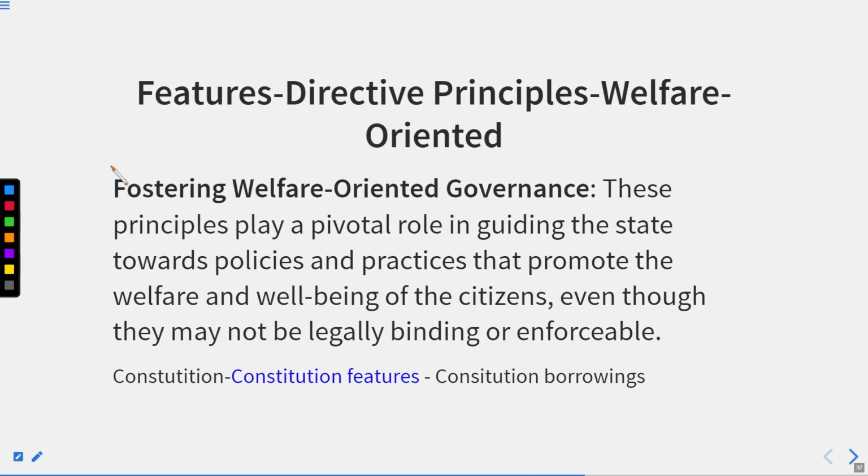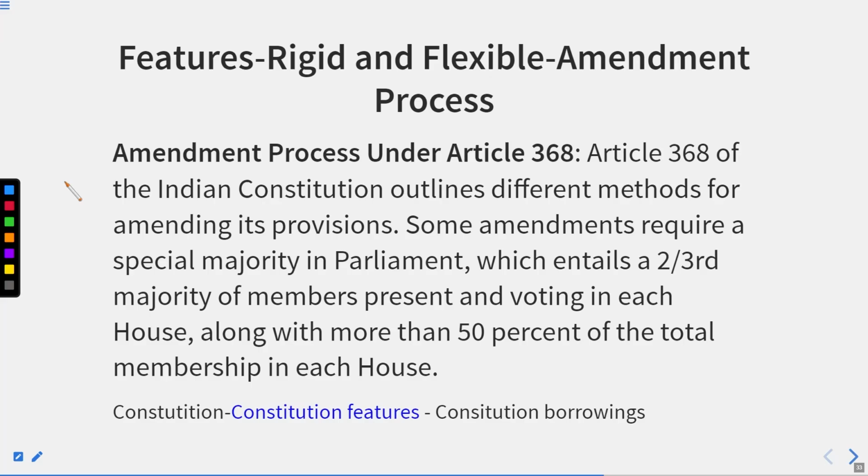Thereafter, fostering welfare-oriented governance. These principles play a pivotal role in guiding the state towards policies and practices that promote the welfare and well-being of the citizen, even though they may not be legally binding or enforceable. That's what we have discussed properly. Okay. Thereafter, amendment process, rigid and flexible. The amendment process under Article 368 of the Indian Constitution outlines different methods for amending its provisions.